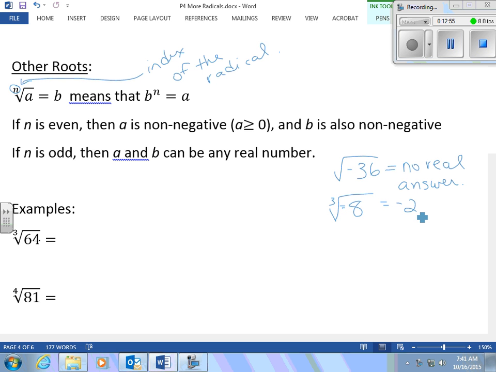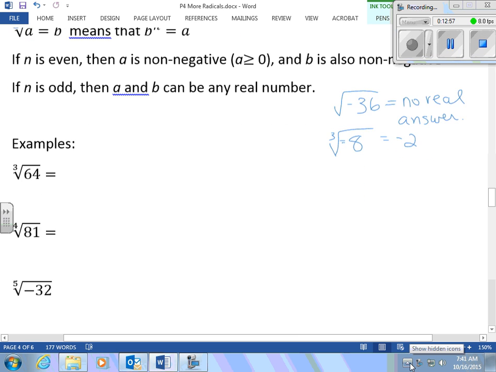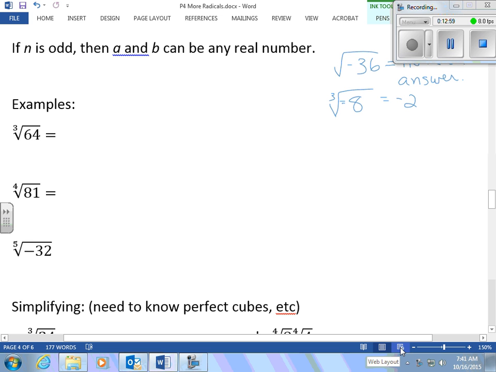So let's do a couple of different roots just so that you can be comfortable with them. And you will see the cubed, fourth and fifth roots that you need to know in your textbook on page 52. So the cubed root of 64 is 4, since 4 cubed is equal to 64. The fourth root of 81 is 3, since 3 to the power of 4 equals 81.